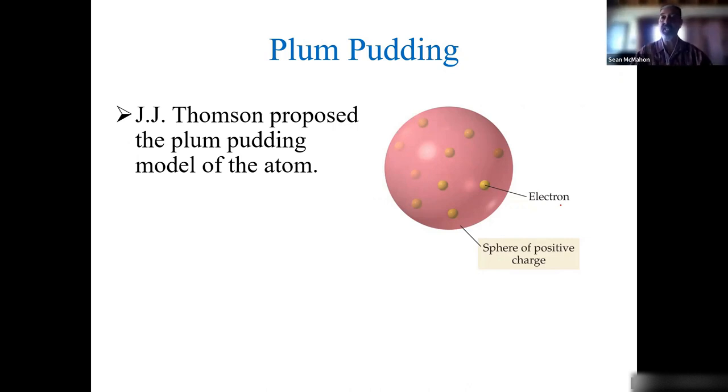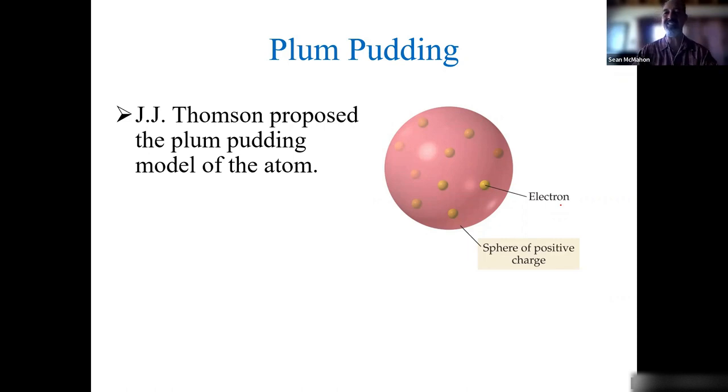So it was believed that these smaller negatively charged electrons were held in an atom by a positive sphere that canceled out their negative charge, because essentially we know atoms are neutral. So if there's smaller particles that are negatively charged, then there has to be positive charges to cancel it out and make it neutral. So it was believed that it was this positive sphere.